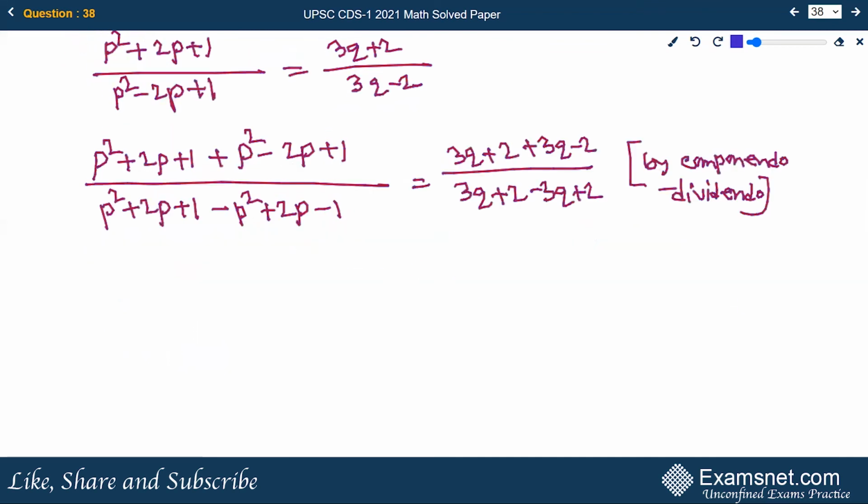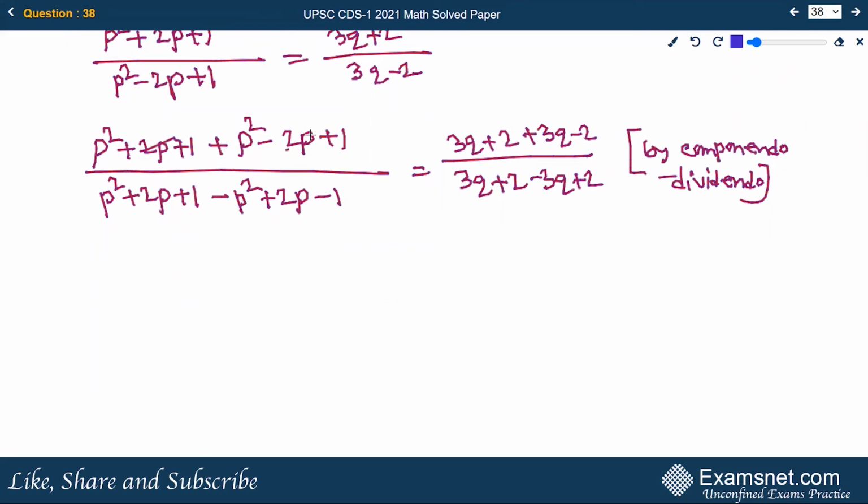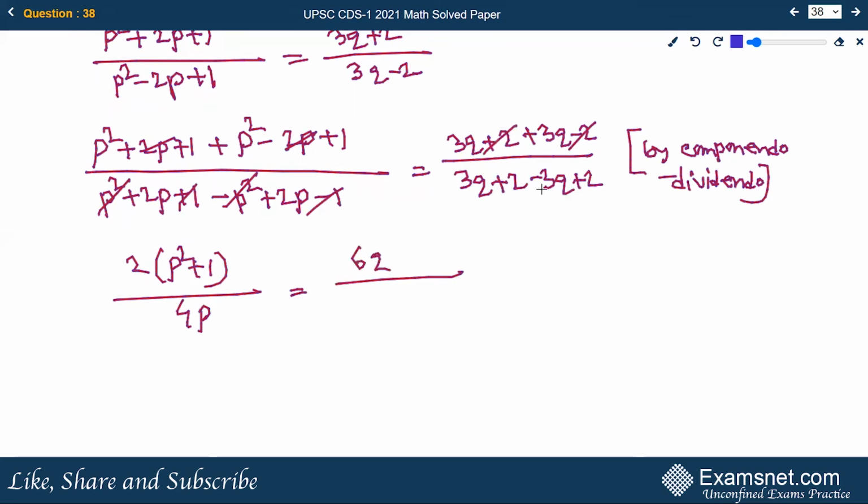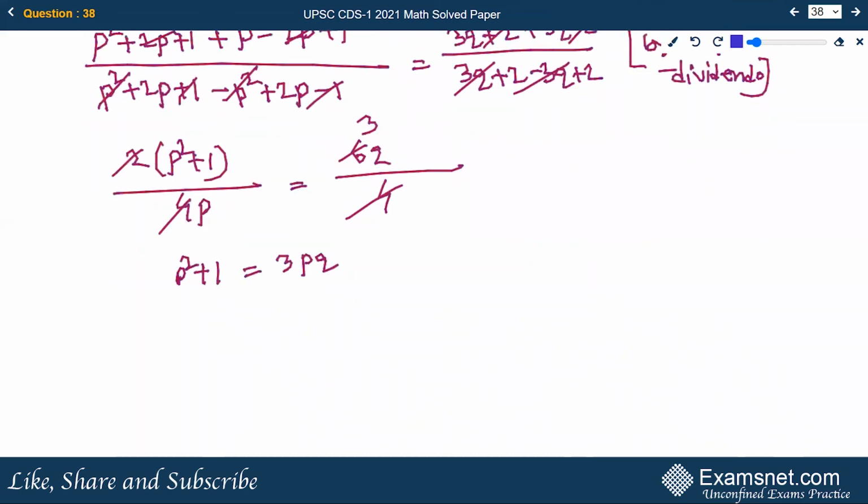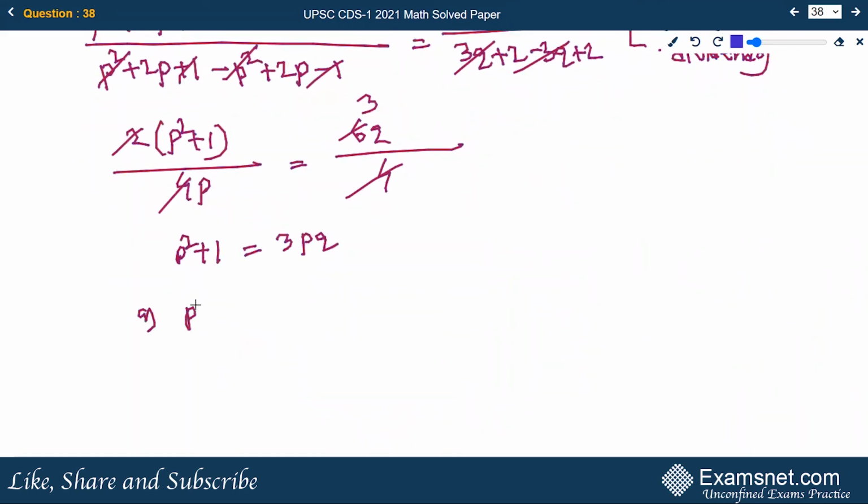Okay, so let me count. Both 2P got cancelled. I'm given with 2P square plus 1, and here P square got cancelled, so only 4P. Here also 6Q by 4. Both 4 got cancelled, here 3. So I can see P square plus 1, that is 3PQ. Further, I can write it down: P square minus 3PQ plus 1 equals to 0.